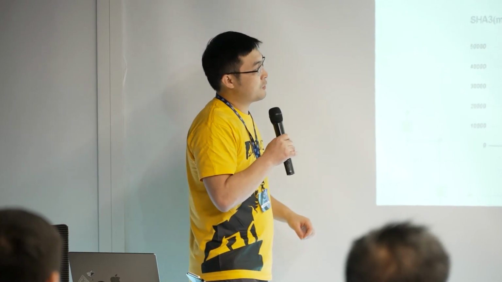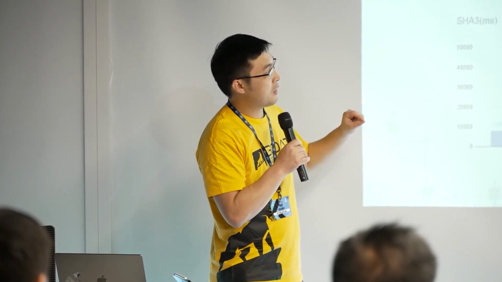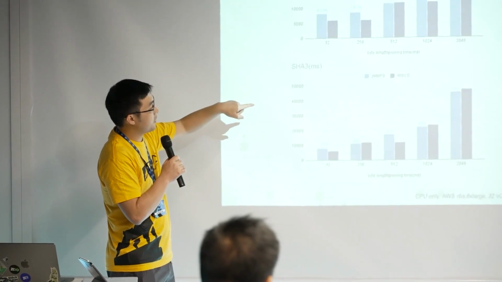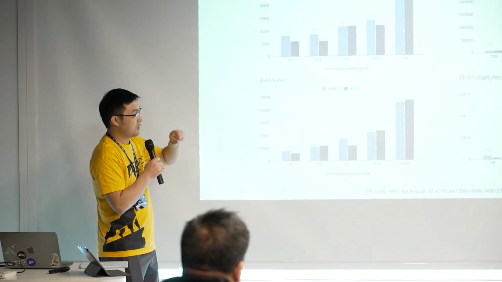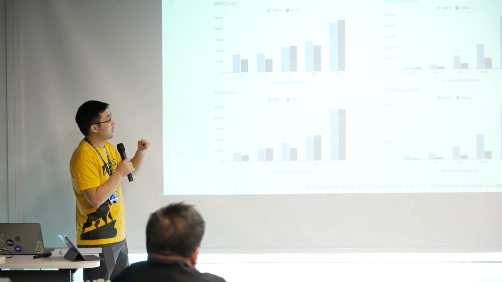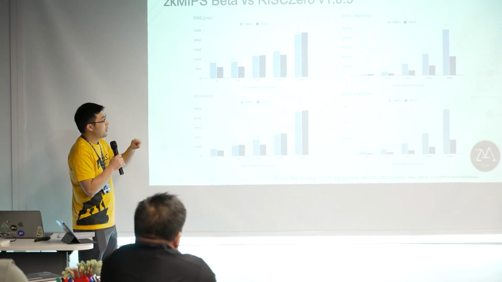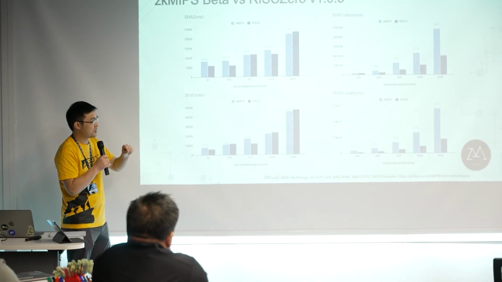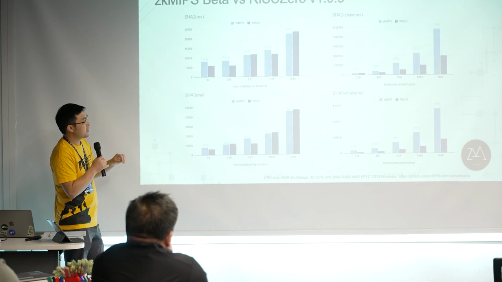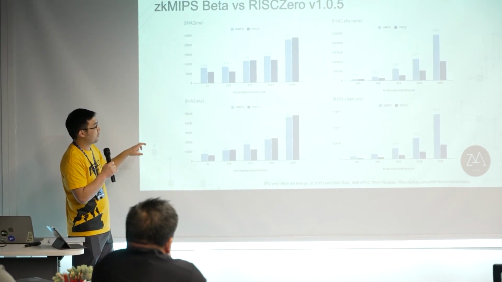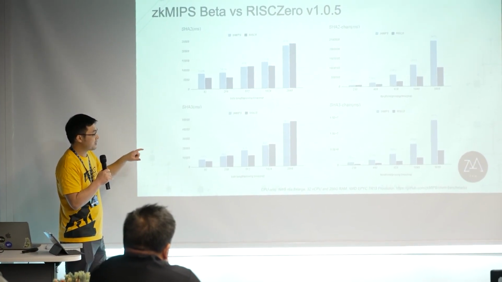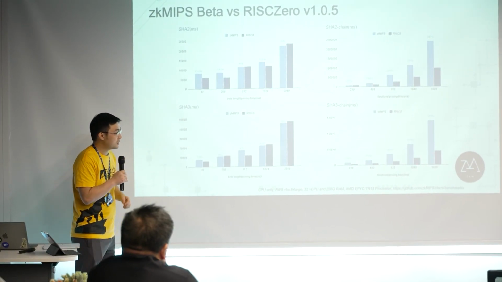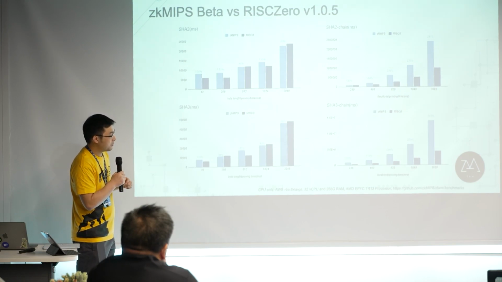You can see that for some simple cases like SHA-2 and SHA-3, which run once, and the SHA-2 chain, which means we run SHA-2 multiple times in a single guest program, for single proving we are better than RISC-0 in some cases, but for the SHA-2 or SHA-3 chain, we may be slower than them.